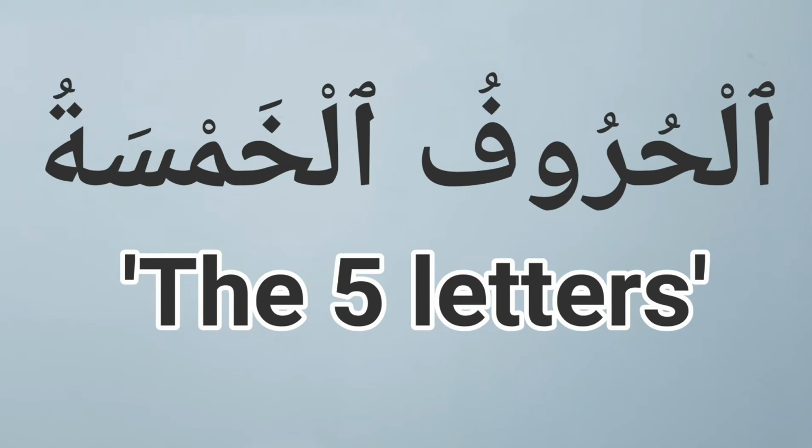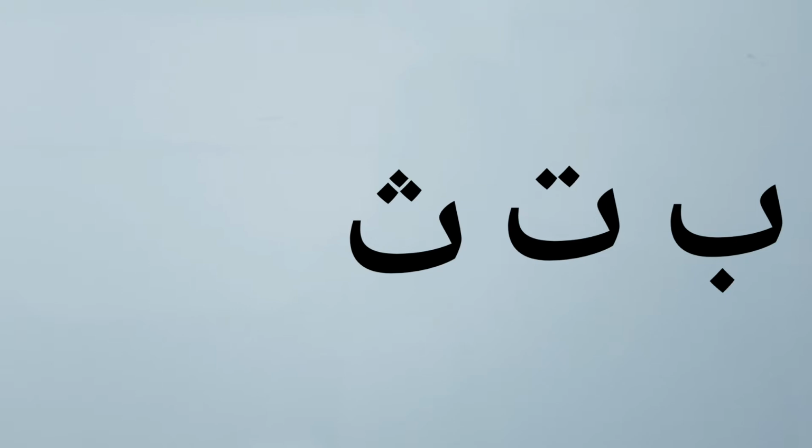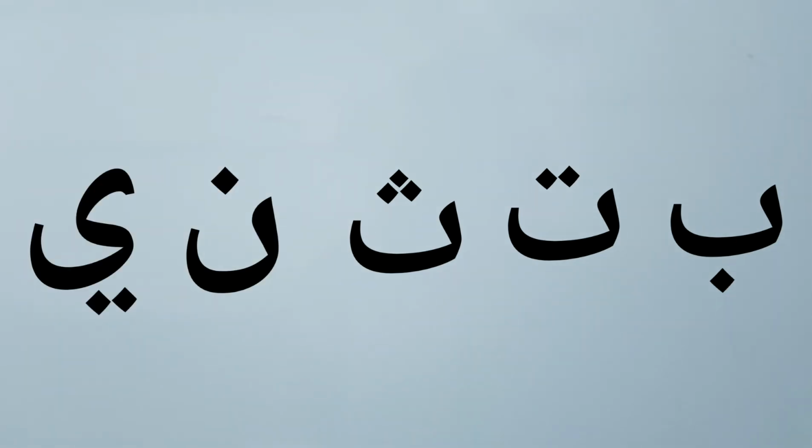These 5 letters are Ba, Ta, Tha, Noon, and Ya. Why are they grouped together, or why are they called huruful khamsa? They are called huruful khamsa because these 5 letters share the same rulings.